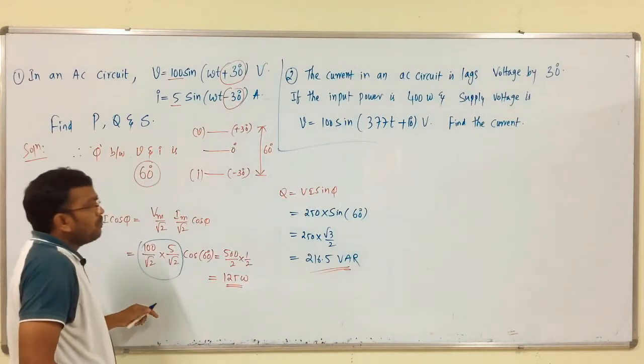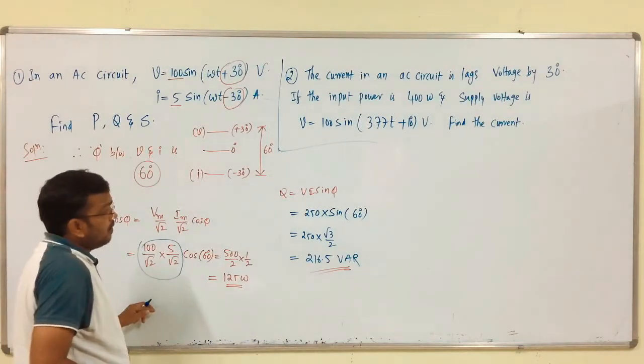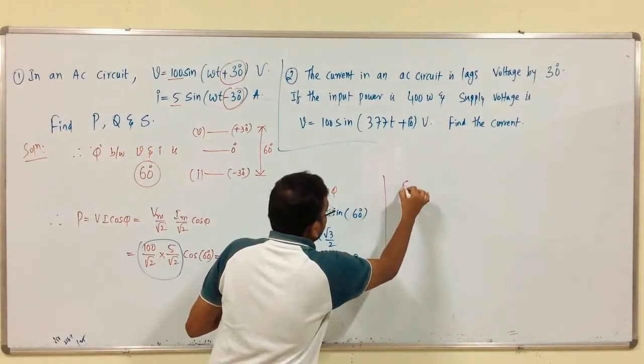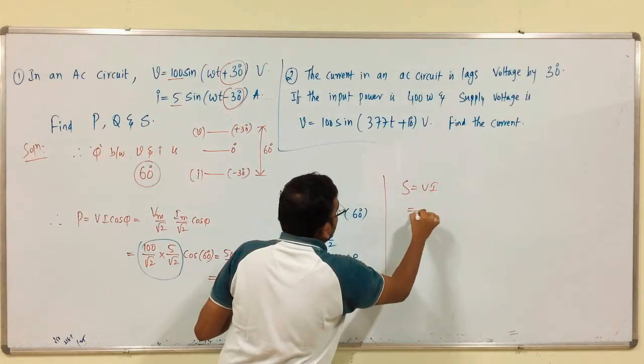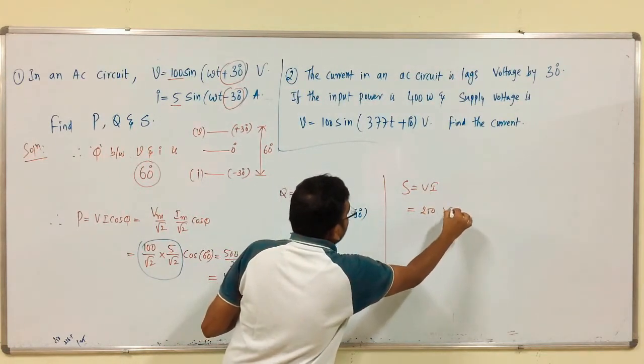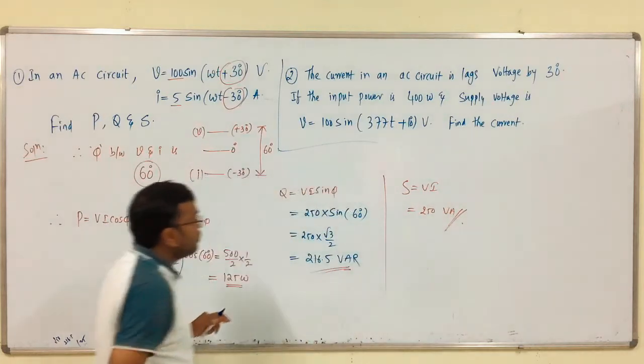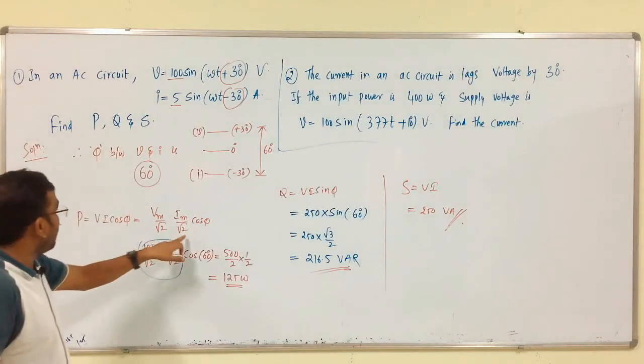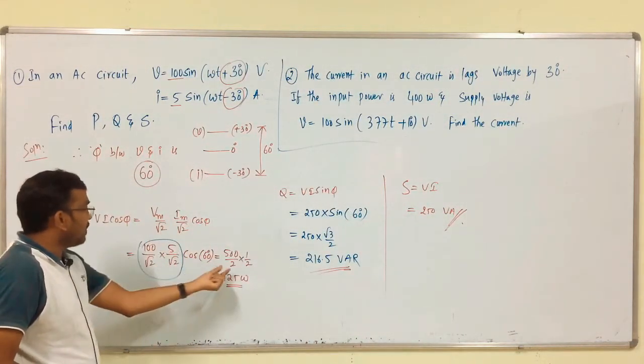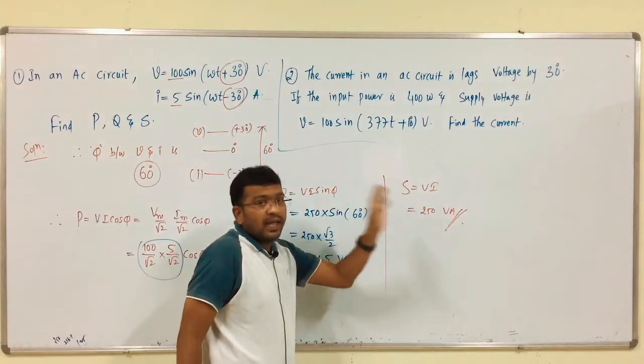Like this, S is equal to what? V into I, which is equal to 250 VA, that is Vm by root 2 into Im by root 2, which is nothing but 250 VA. So, like this we have to calculate.